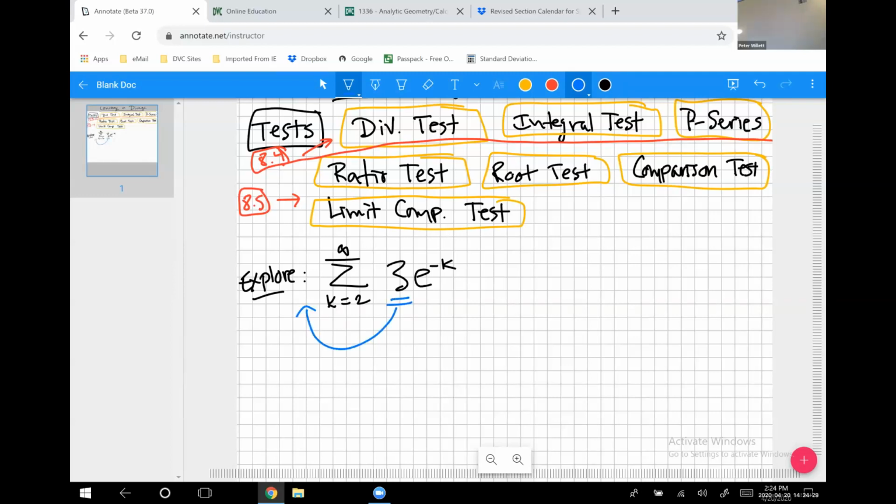That's using properties of series. And if I did that, I would have 3 times the summation as k goes from 2 to infinity of just e to the minus k, which is 3 times the summation as k goes from 2 to infinity of 1 over e to the k.